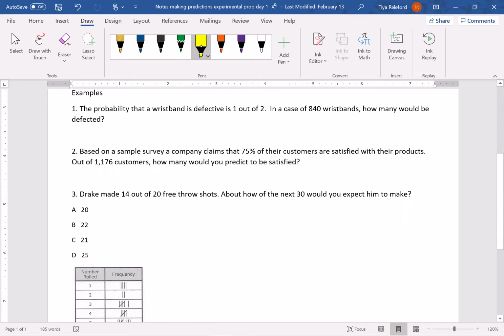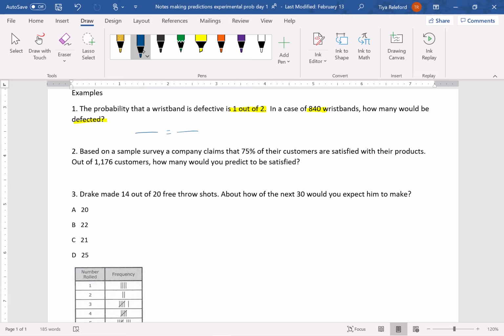Now, example 1 says the probability that a wristband is defective is 1 out of 2. Defective means broken. In a case of 840 wristbands, how many would be defective? So when it doesn't say expect or predict, but we are predicting, you're going to set up a proportion.